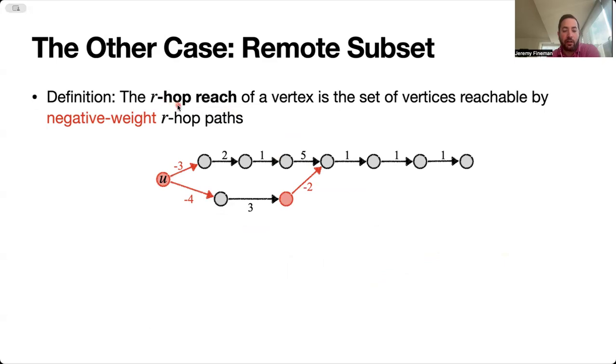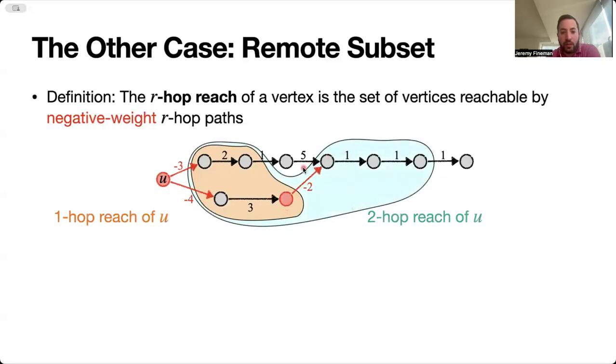Let me start by defining the R-hop reach of a vertex as the set of vertices reachable by negative weight R-hop paths. So if we focus on this vertex U on the left here, these are the vertices that I can reach by negative weight 1 hop paths. So that's the 1 hop reach. These are the vertices that I can reach by negative weight 2 hop paths.